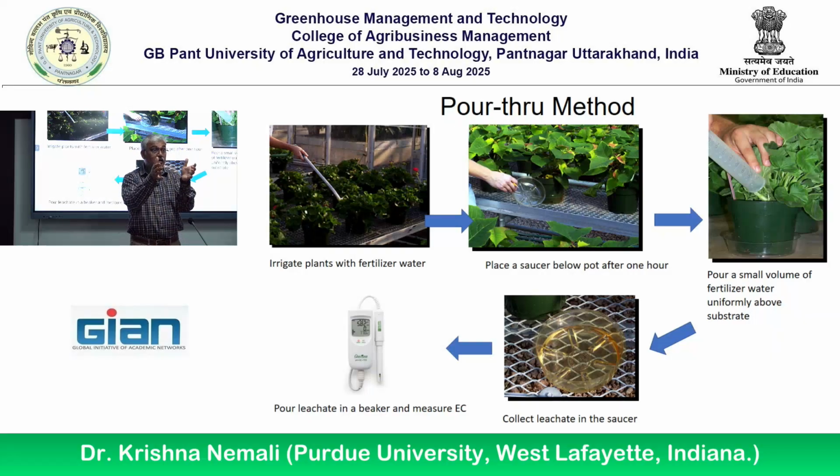You have a pot, the substrate is at container capacity, it cannot take any more water, but you pour more water on top. This water is going down, gravity is pulling it down, but as it is going down, it is pushing the water that is already in the substrate down, down, down. So the water in the substrate comes out and gets collected in the saucer, whereas the water that you applied will stay in the substrate.